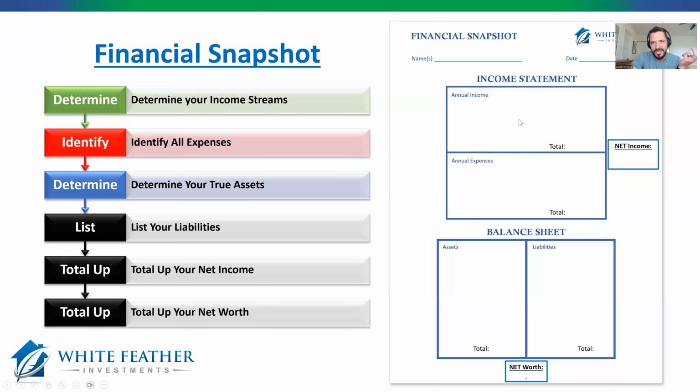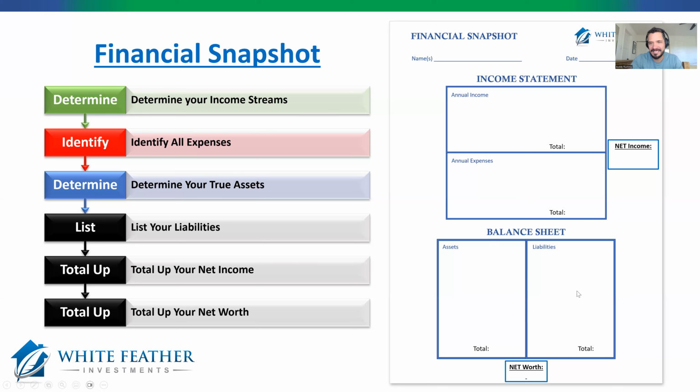Does that make sense? You're able to create enough income on the side to cover your expenses so that your net income is still zero or a positive number. That will allow you to quit your job, and that can be the first step to living financially free. That's just one example of how increasing your income and decreasing your expenses can set you free.